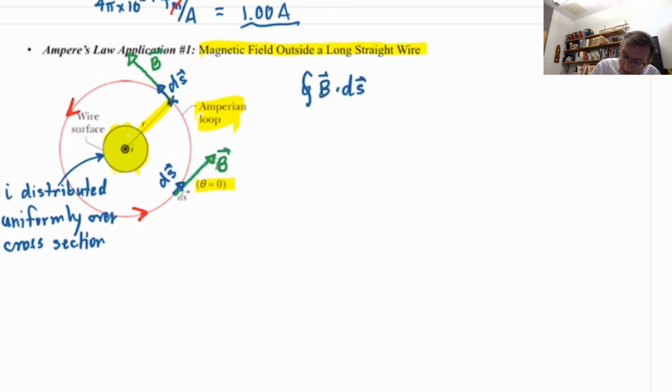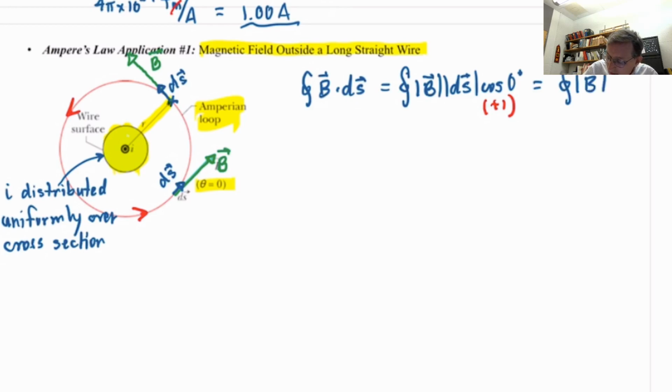So when I do the integral of B dot ds around the closed loop, that means magnitude of B, magnitude of ds, cosine of 0 degrees. And of course cosine of 0 degrees is plus 1. So that's just the integral around the closed loop of magnitude B times magnitude ds. Let me get that down a little bit so you can see it.